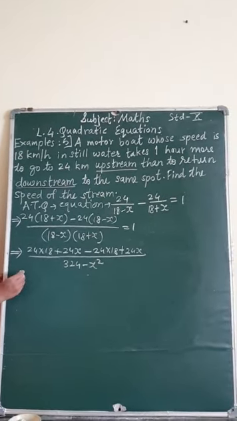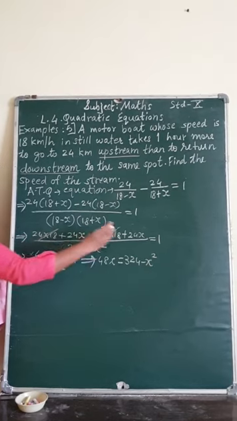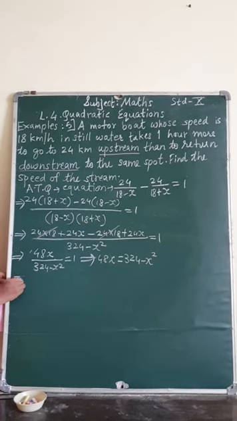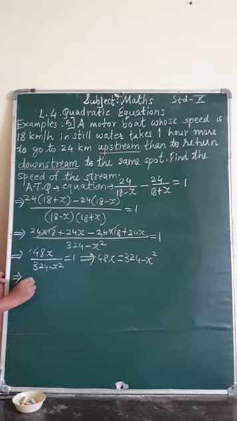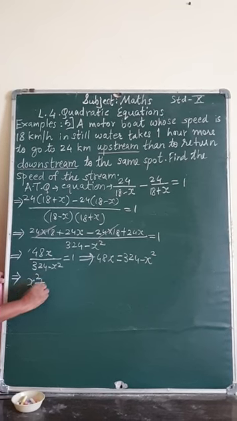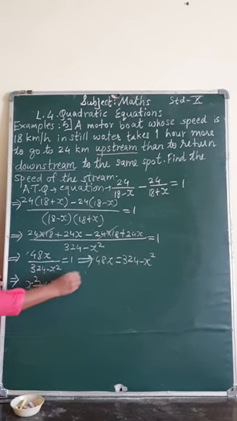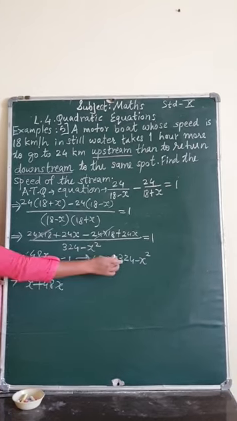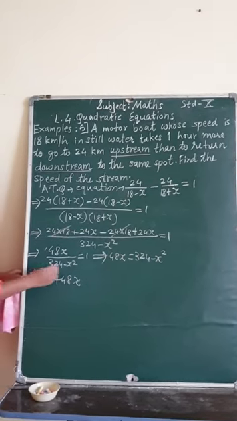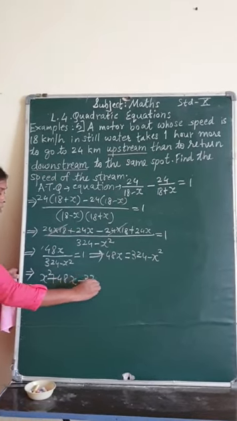That gives us 48x is equal to 324 minus x square. Now if we bring this whole thing to the LHS, we get x square plus 48x, and this 324 coming to the LHS becomes minus 324.